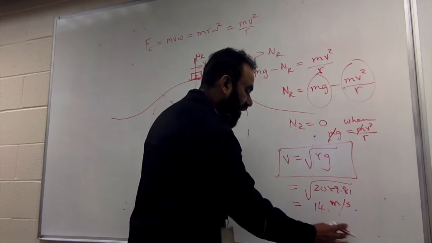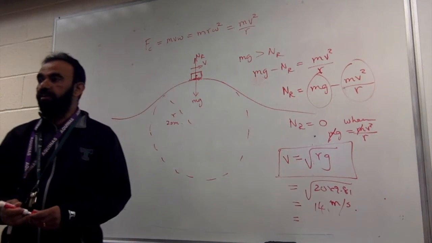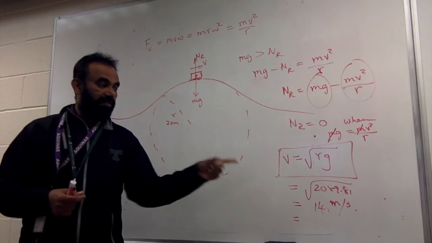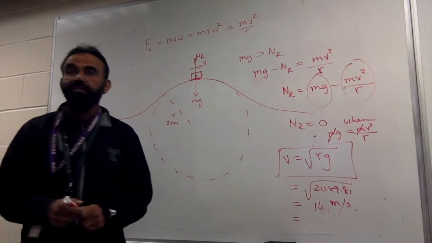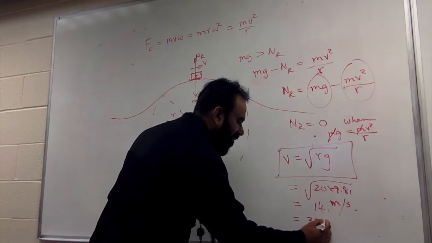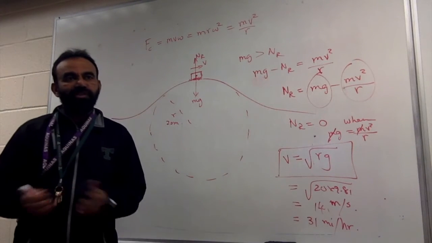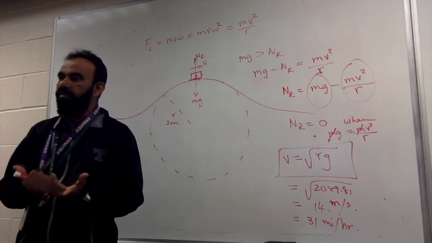How many miles per hour is that? Now you know what to do. At 14 meters per second, you're off the road. Multiply by 3.6 and divide by 1.6. How much is it? 31 miles per hour on that hilly road is enough to detach you from the road. Make sense?